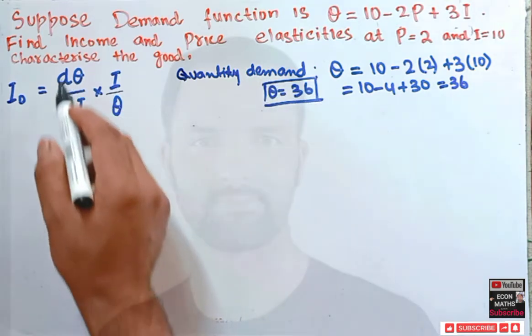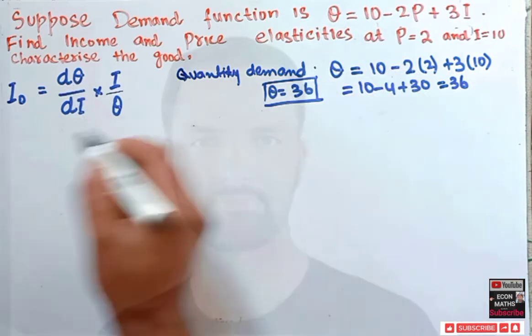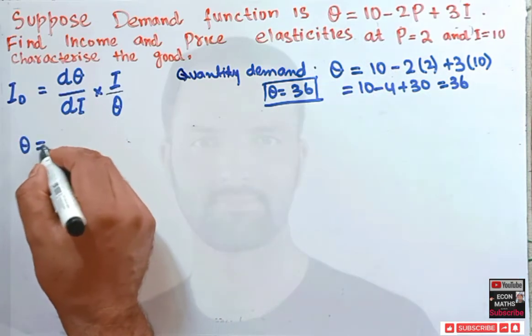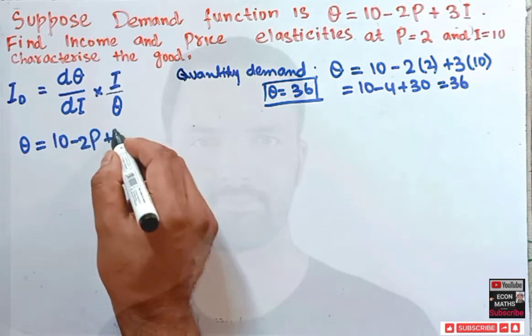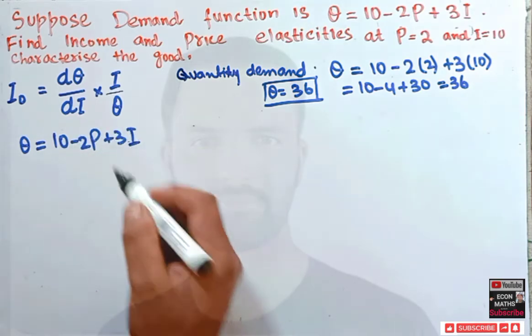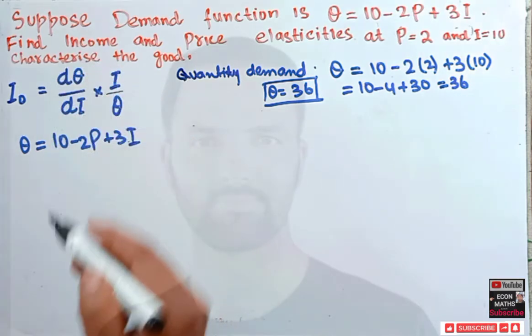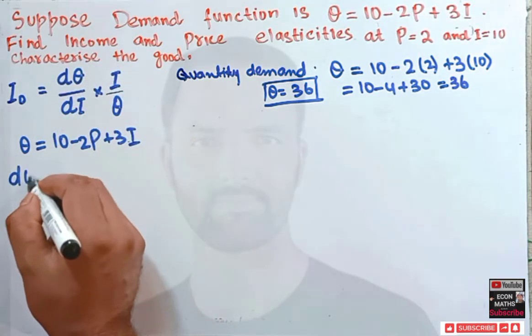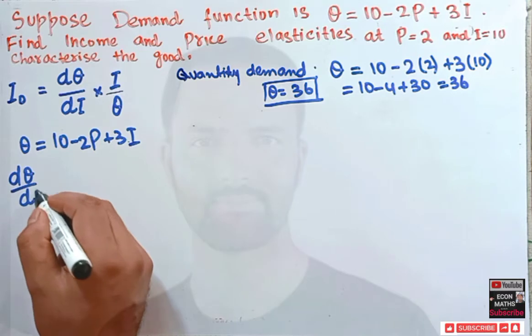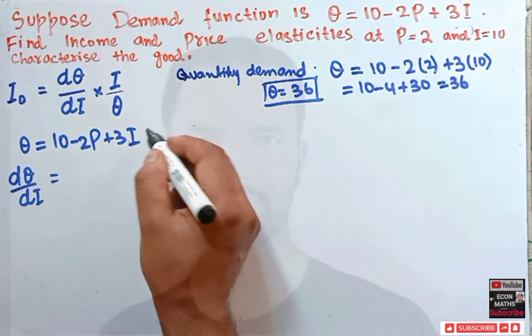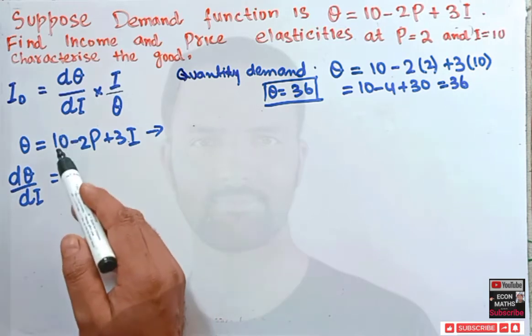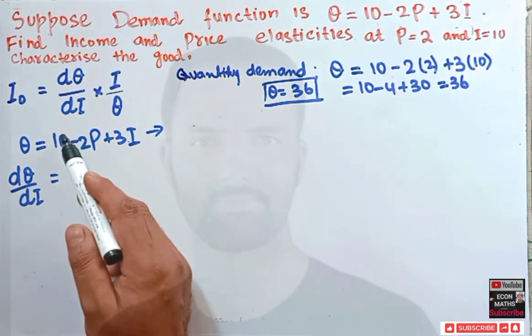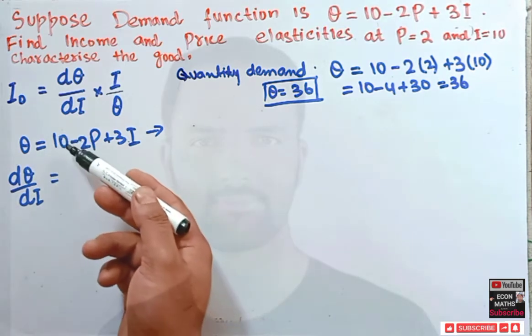So our q is equal to 36. Now calculating this dq over di. What is our demand function? That is q is equal to 10 minus 2p plus 3i. This is our demand function. First we need to calculate this derivative, dq upon di. It is simply the derivative of this demand function with respect to income. In the first term no I is involved, so the derivative is 0.